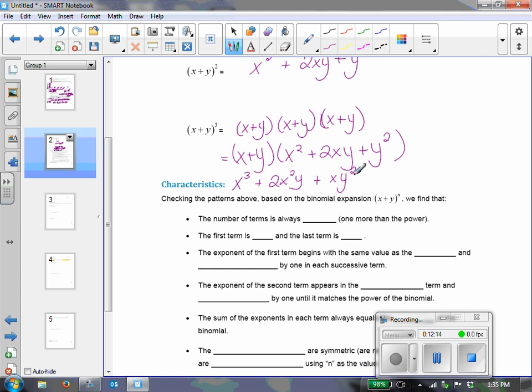Guys, this is the lesson, so if we're not 100% sure how to do this, it's going to be a little bit of a disaster. So this is going to be x squared y, plus 2x squared, plus y cubed. So now I have to combine like terms.